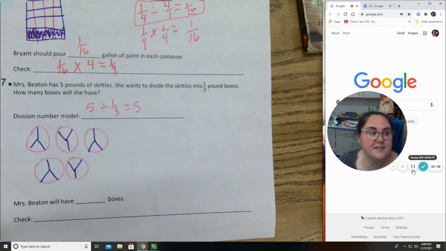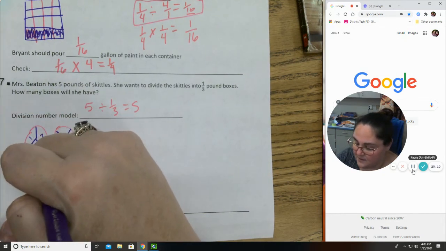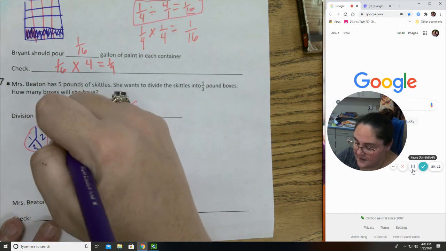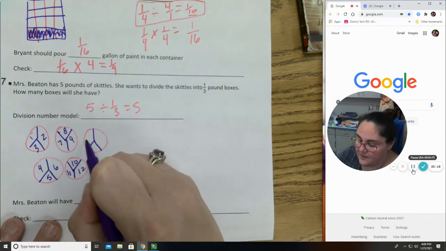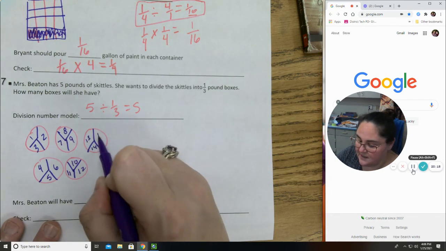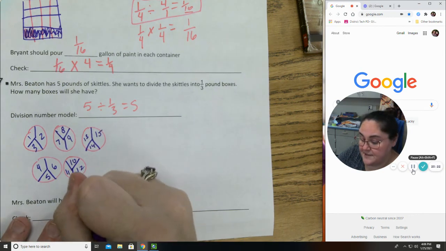Okay, how many thirds containers can we have? 1, 2, 3, 4, 5, 6, 7, 8, 9, 10, 11, 12, 13, 14, 15. So my answer, according to my picture, is 15.